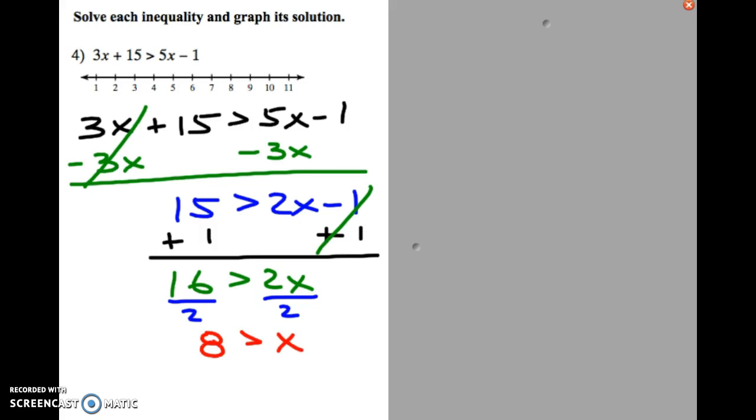We'd end up with 8 is greater than x. Or once again, if we want to write it out the other way, we start with the x, switch the direction so it's still pointing at the x. x is less than 8. This time, no equal to sign. So we would do an open circle on the 8, and we would shade to the left.